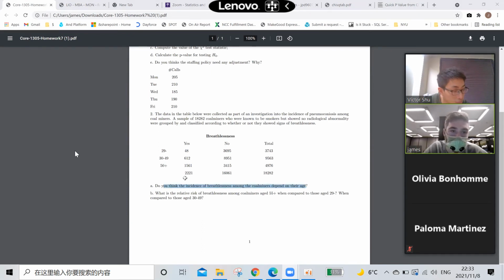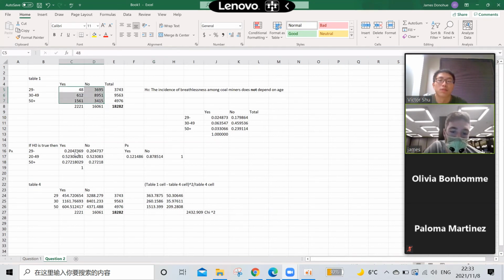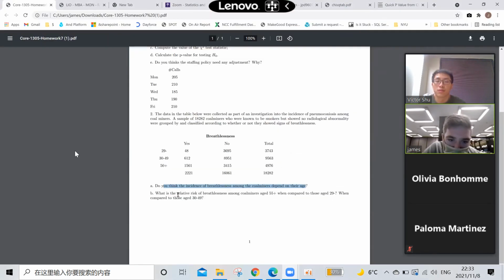Our null hypothesis is that they are not dependent on age, that all these are independent. And because this is so high, we can reject it, obviously.